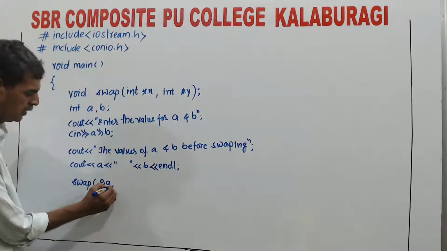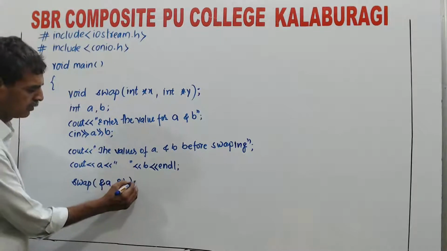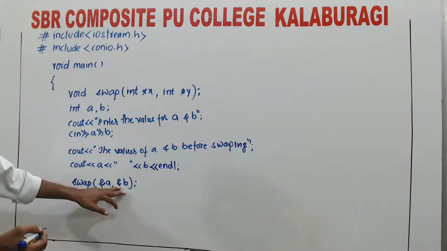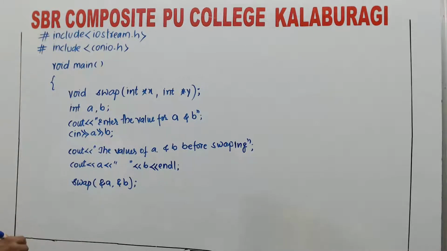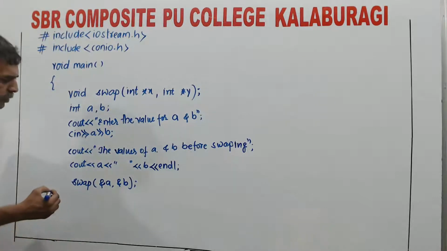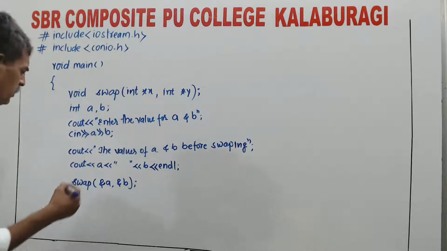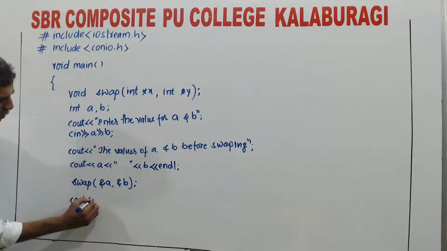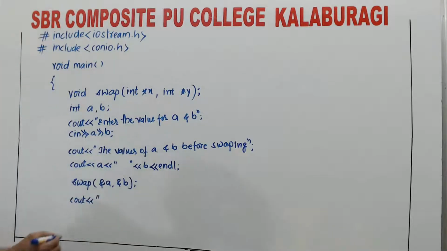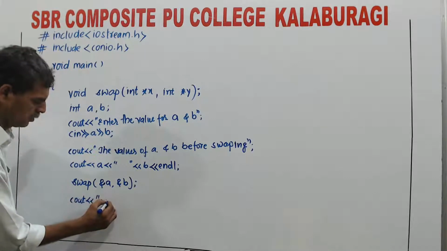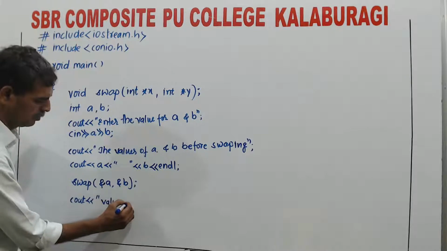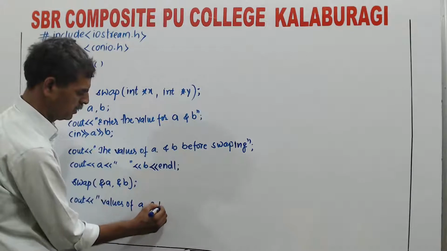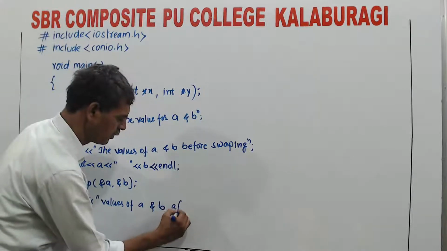Now we are passing the address of a and b. Now cout values of a and b after swapping.